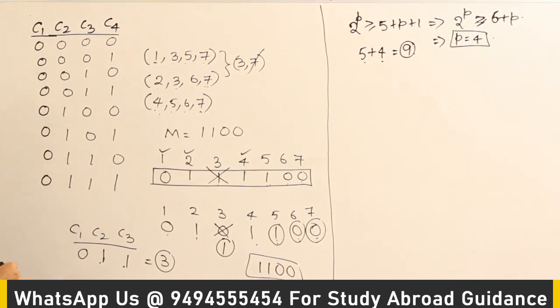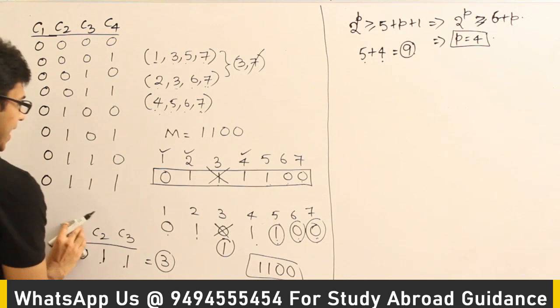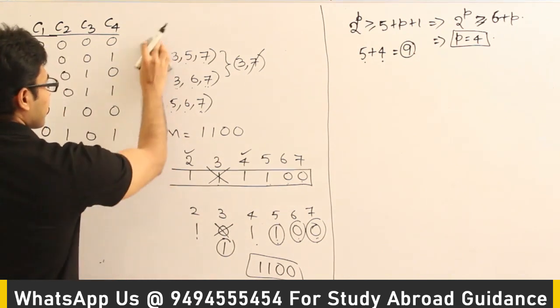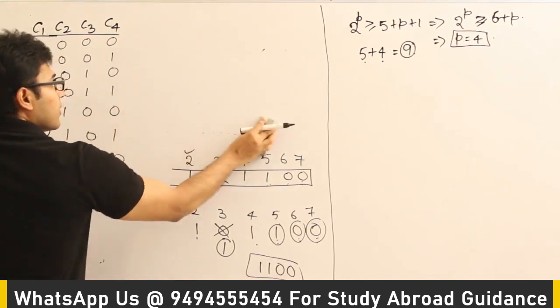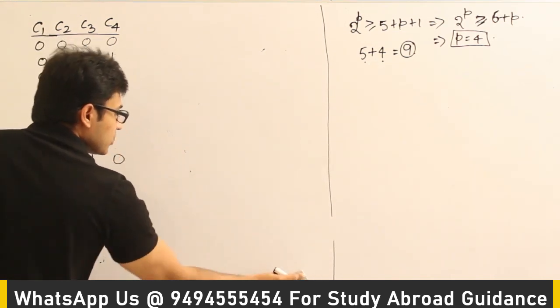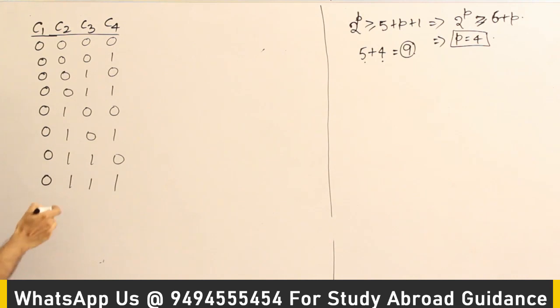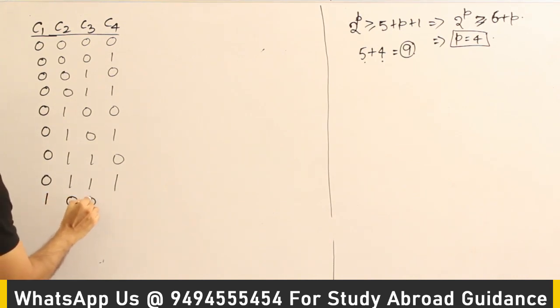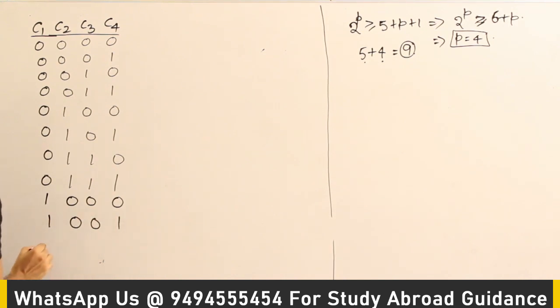From 0 to 7, which means 7 bits can be wrong, as well as we can have an error at the 8th position, at the 9th position, and even at the 10th position. From 11 to 15 we need not use them, right?